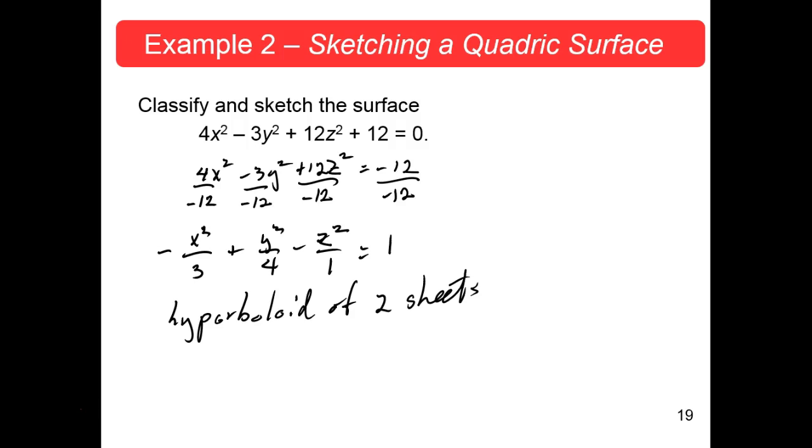Now, if y is large enough, in other words, greater than 2, then this term would be greater than 1. When you subtract that from that side, you get a negative number, and then you have negatives everywhere, so you can just multiply through by -1. You have positive everywhere, and that gives you ellipses.